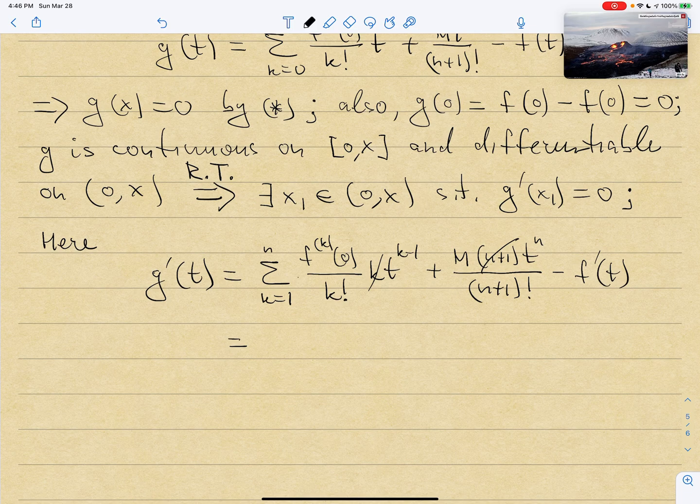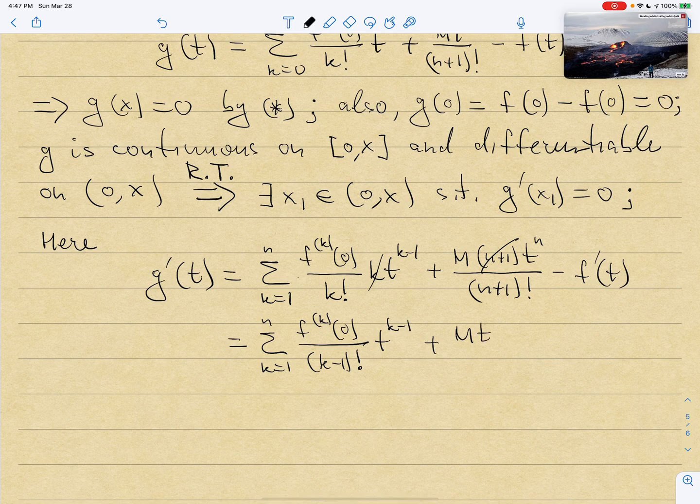So this is a sum k from 1 to n, f k of 0 divided by k minus 1 factorial t to the k minus 1, plus m t to the n over n factorial, minus f prime of t.